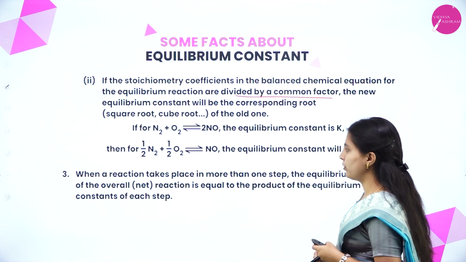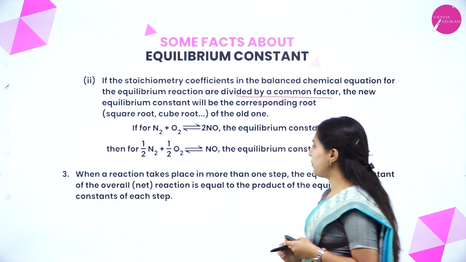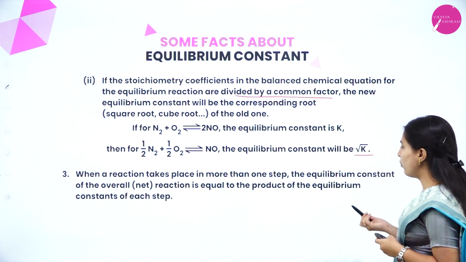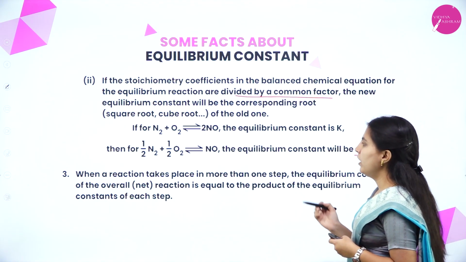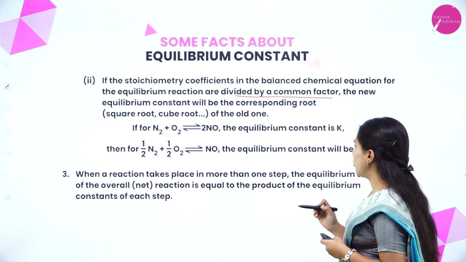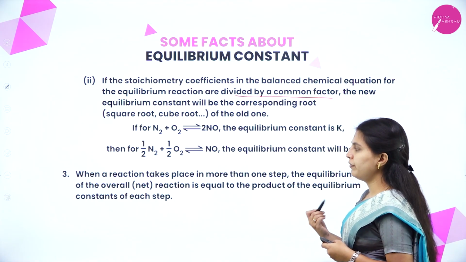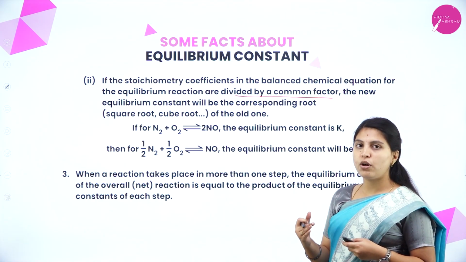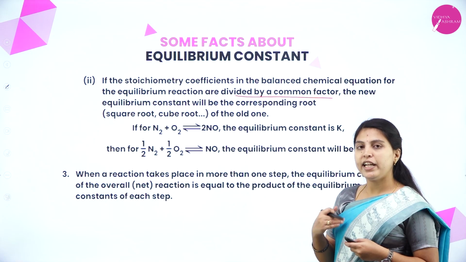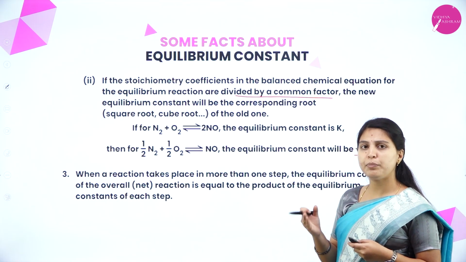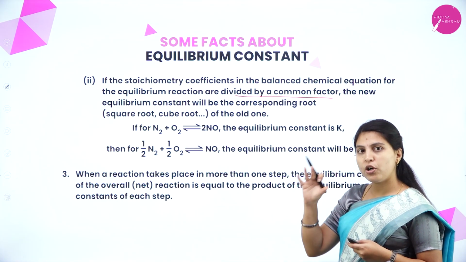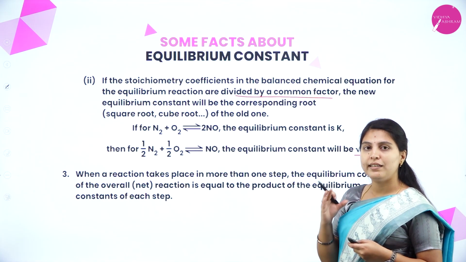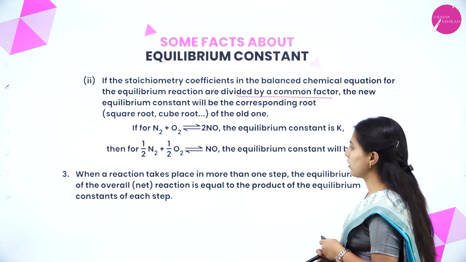When a reaction takes place in more than one step, the equilibrium constant of the overall net reaction is equal to the product of the equilibrium constants of each step. If any reaction is not completed in one step, it may take 2 or 3 steps. The overall product will be the last, net product.